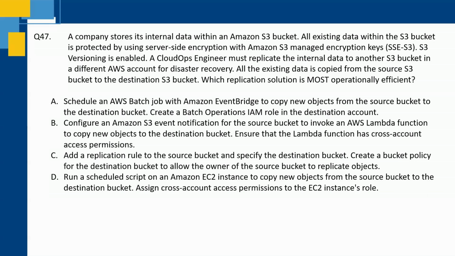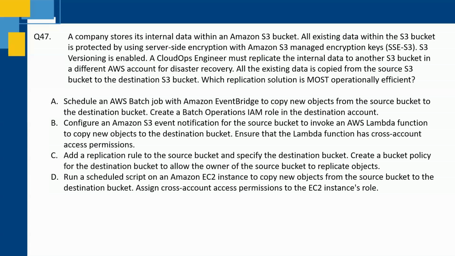Your options are: schedule an AWS Batch job with Amazon EventBridge to copy new objects from the source bucket to the destination bucket, and create a batch operations IAM role in the destination bucket. The second option is to configure an Amazon S3 event notification for the source bucket to invoke an AWS Lambda function to copy new objects to the destination bucket, ensuring that the Lambda function has cross-account access permissions.